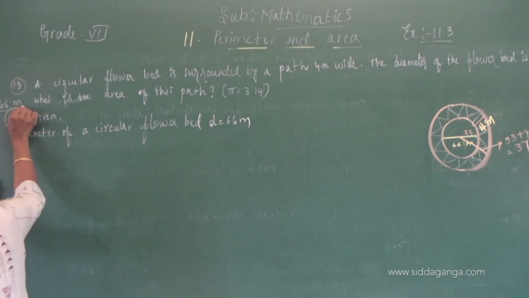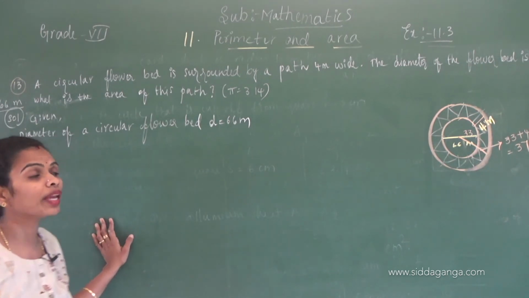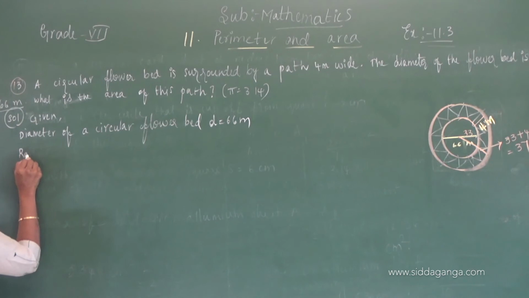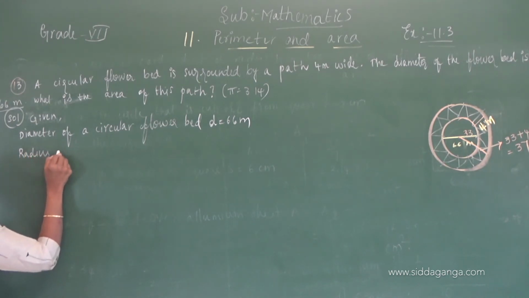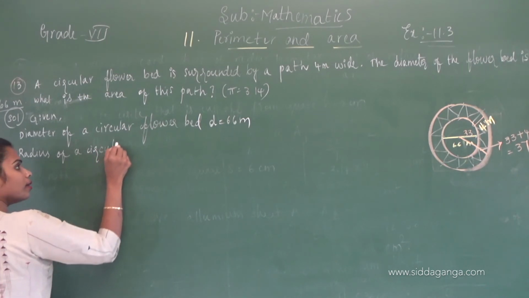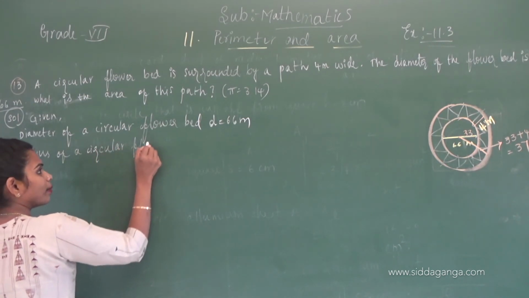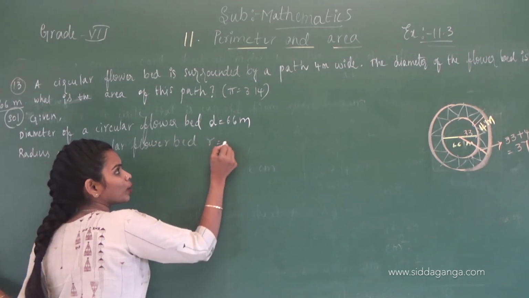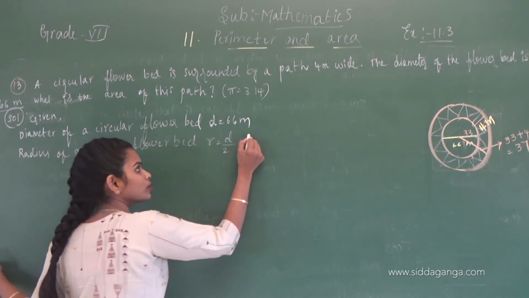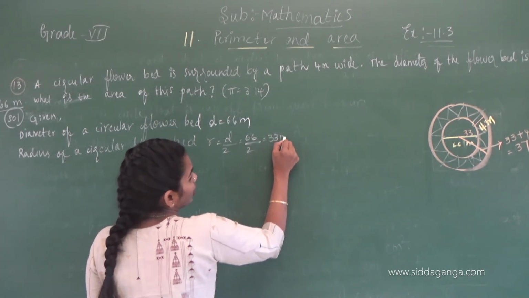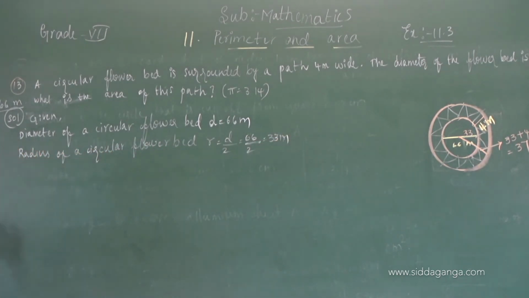By using the diameter we can find the radius. Radius of a circular flower bed, r equals D by 2, that is 66 by 2, equals 33 meters.